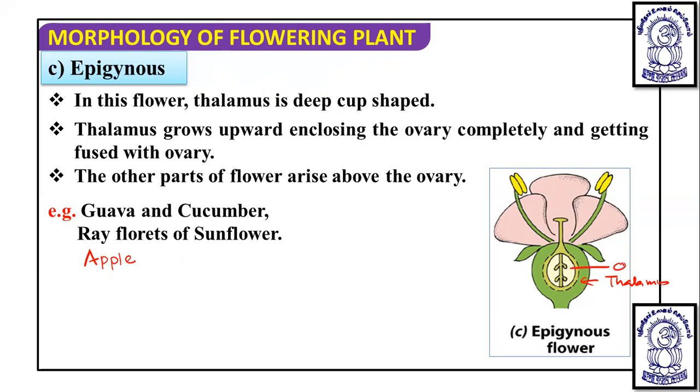So this ovary is inserted completely within this, and the stamen, petal, and calyx are originating above it. All these three are originating from above the ovary, so it is epigynous. But the ovary is inserted within, so it is an inferior ovary. Mainly, you get a question from the example, so you should remember this term and the example.